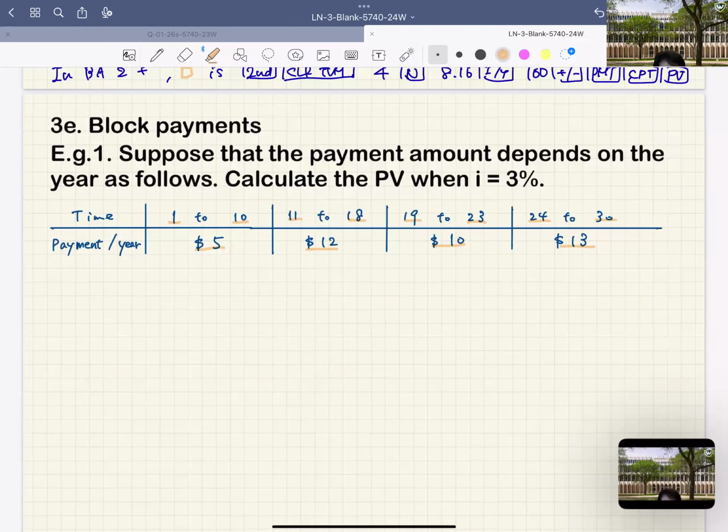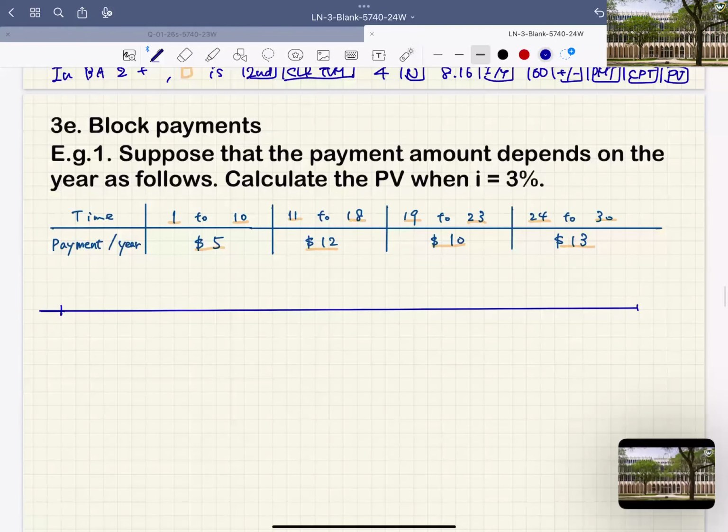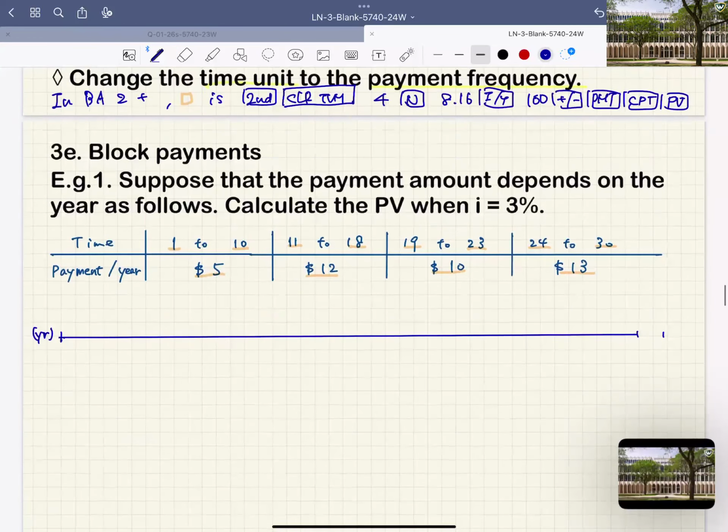Okay, maybe at first we want to make this time diagram. We have many time points like this, and the time unit is year, and the interest rate is 3%.